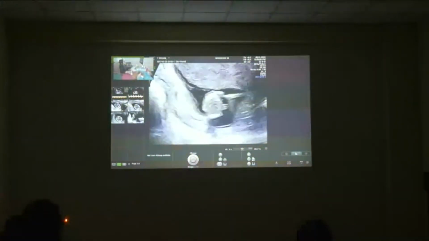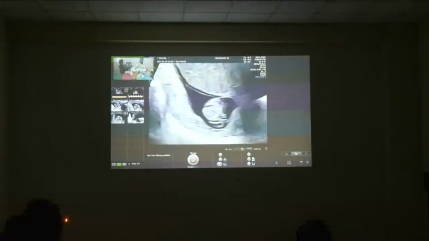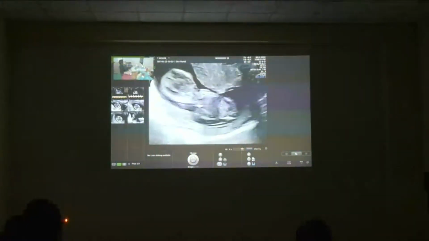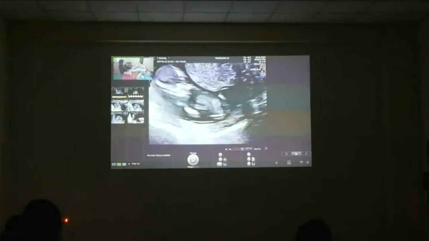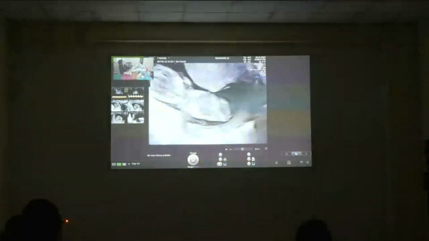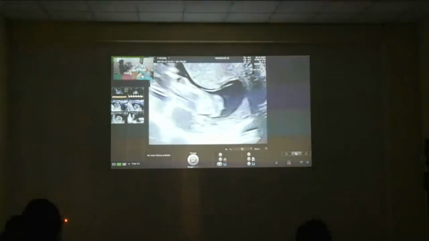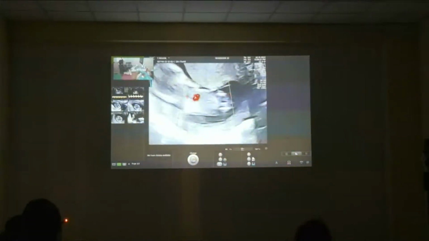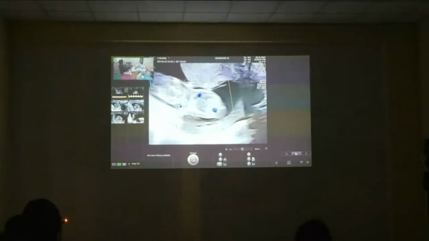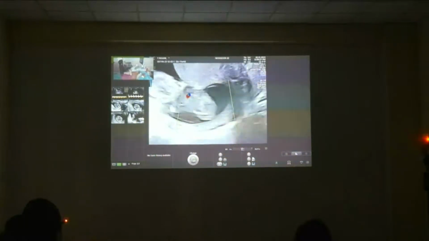Yeah, this is the cord insertion. Because sometimes we might see omphalocele and gastroschisis here. Look at the fetal bladder. And document the two umbilical arteries on either side of the bladder.